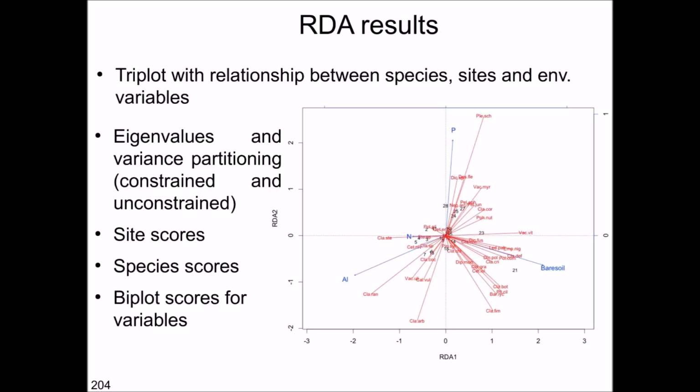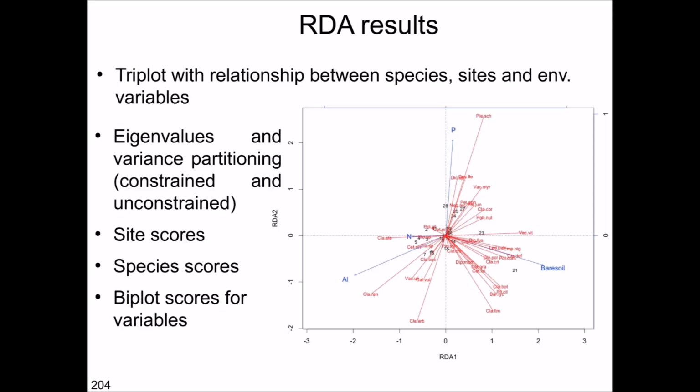There are other issues regarding the scaling, so whether the distances can be expressed in reliable form in the figure, or whether the correlations can be reliably interpreted. So different types of scaling are discussed in the context of the implementation in R. You obtain eigenvalues and variance partitioning.